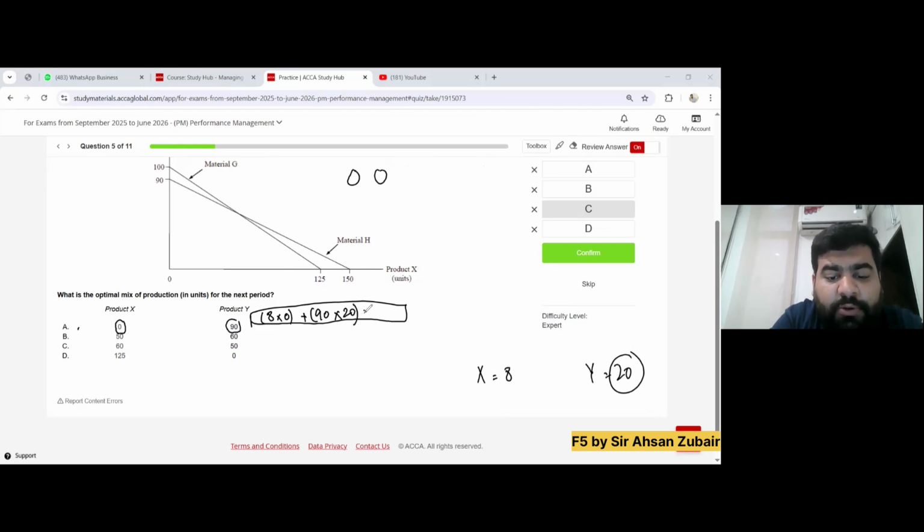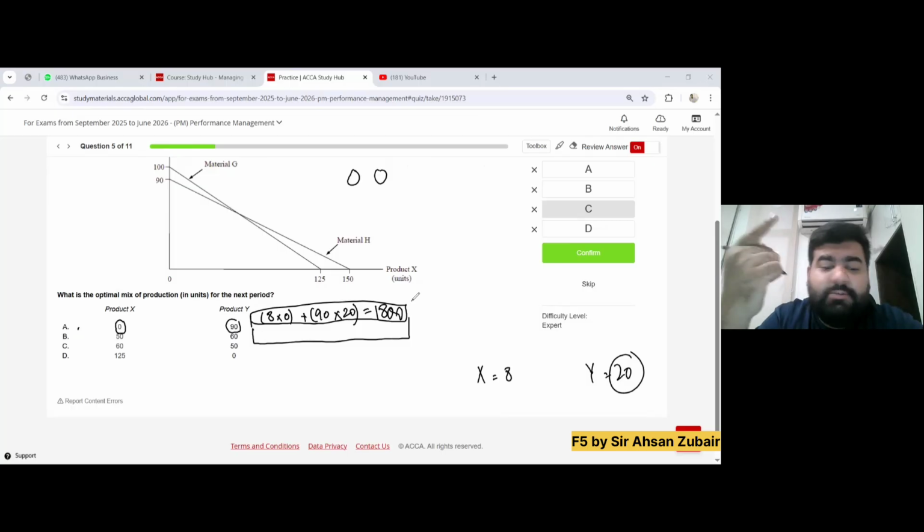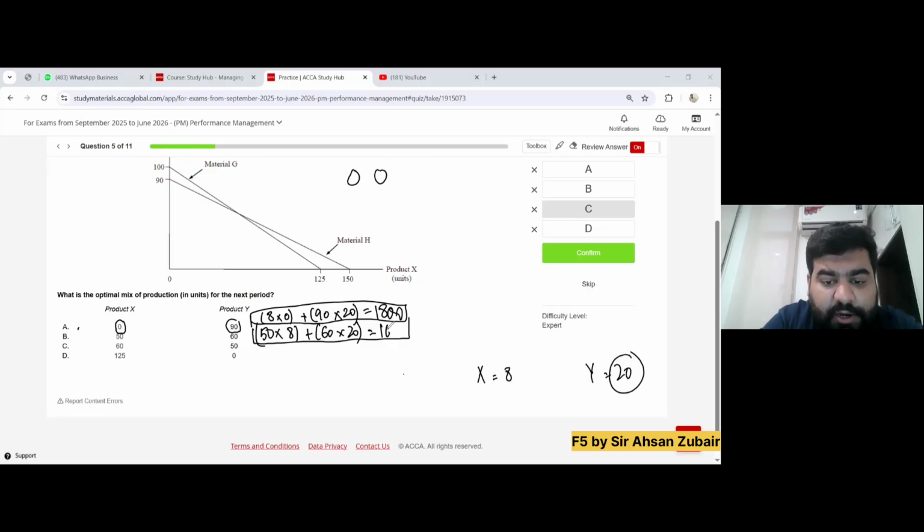So the total contribution we earn in this scenario will be 1800. Let us go to the second option. The option with maximum contribution will be the best optimum mix. 50 and 60: 50 units of X with a contribution of 8 plus 60 into 20, so it will be 400 plus 1200, that is 1600.